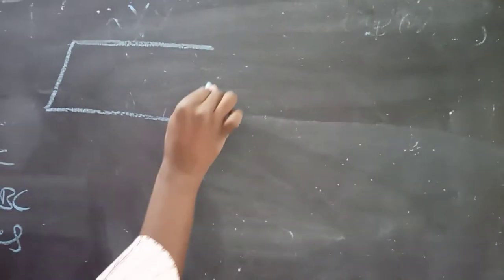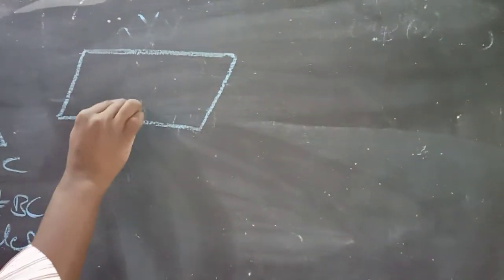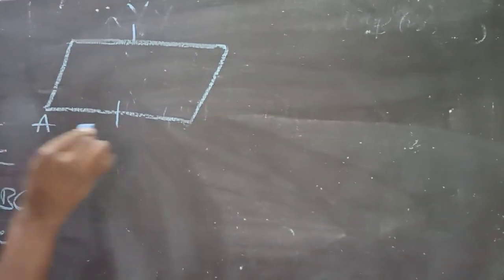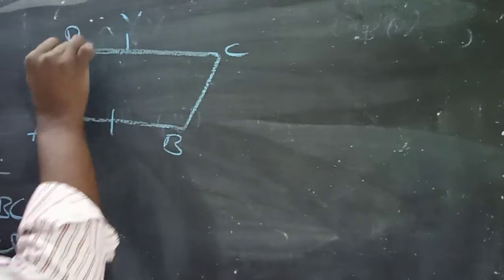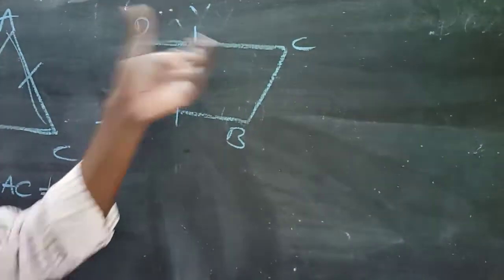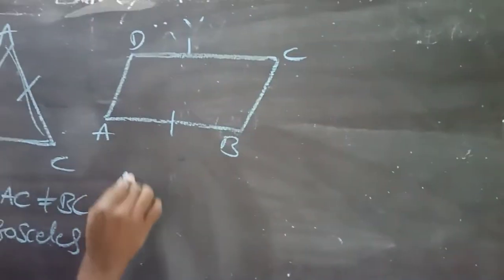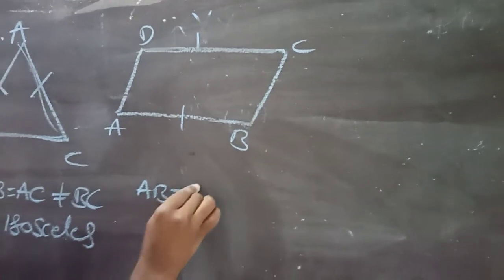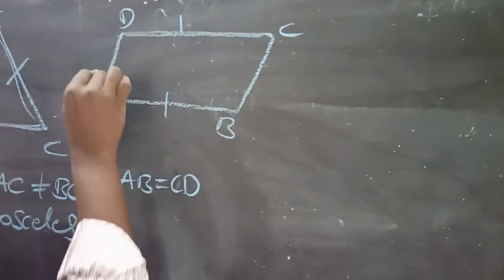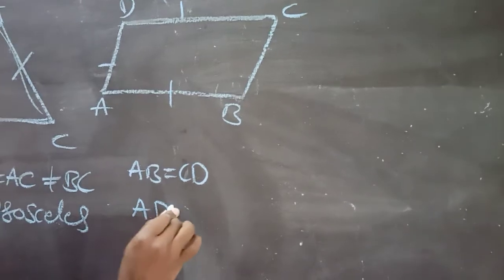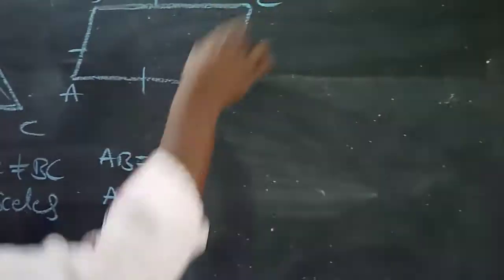Then next one is the parallelogram. Parallelogram means opposite sides are equal. Let us consider ABCD a parallelogram. Here opposite sides are equal: AB is equal to CD and AD is equal to BC.